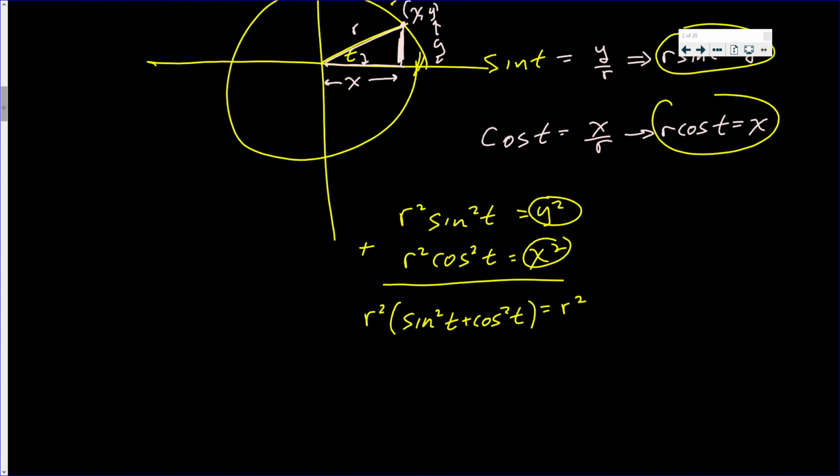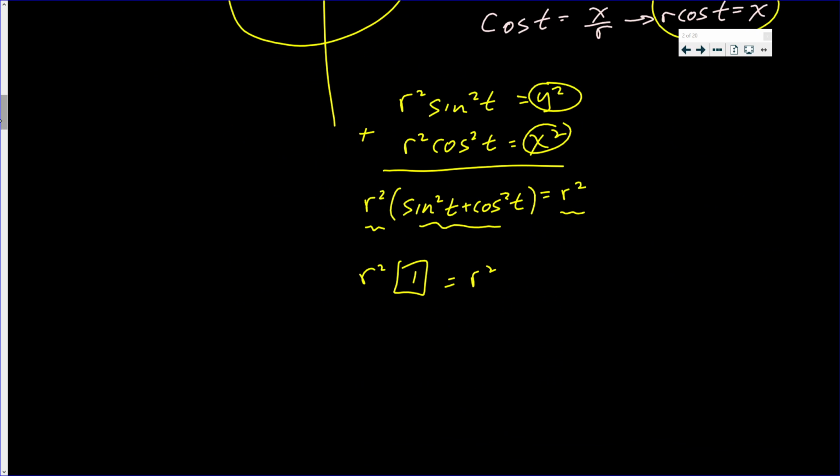Okay. So we have r squared is equal to r squared times something. And you tell me what you multiply r squared by to get r squared. The answer is 1. So sine squared t plus cosine squared t is 1. This is always, always true.